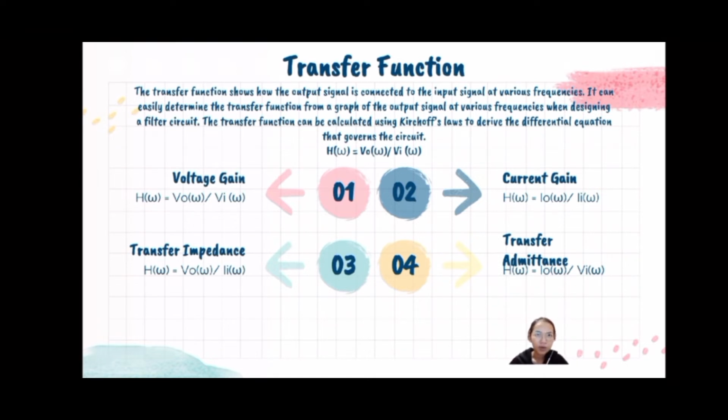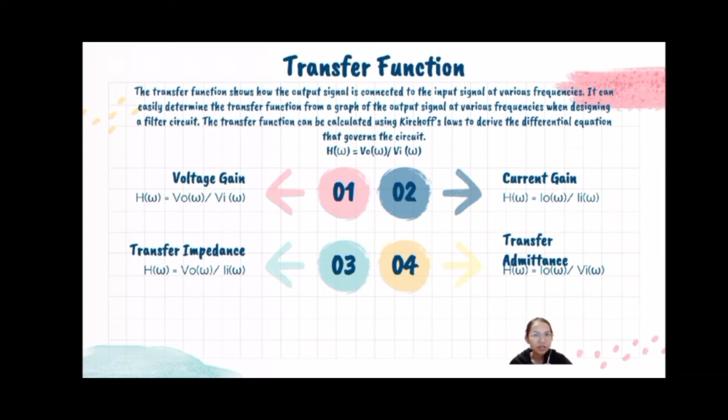In the types of transfer function, there are voltage gain, current gain, transfer impedance, and transfer admittance. Voltage gain is the voltage output divided by the voltage input. This voltage gain is written as above, and current gain is the current output divided by the current input.